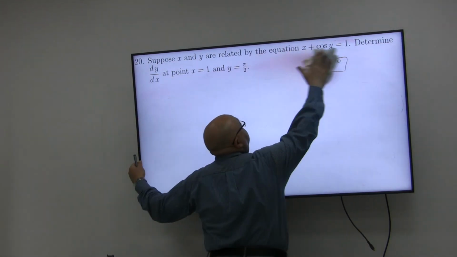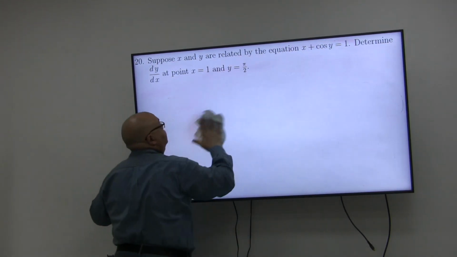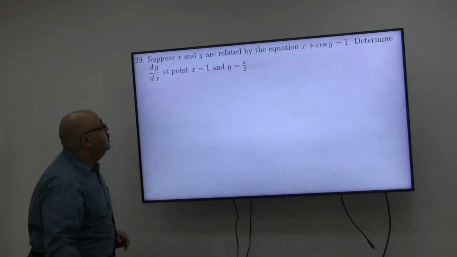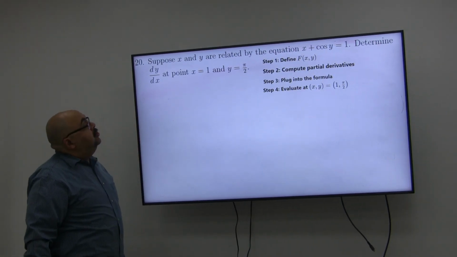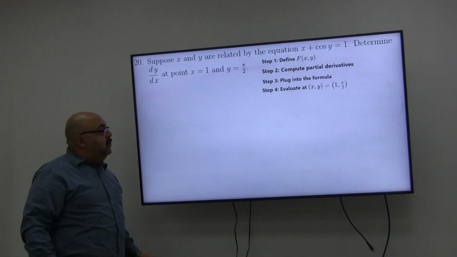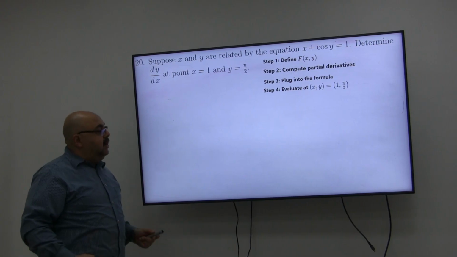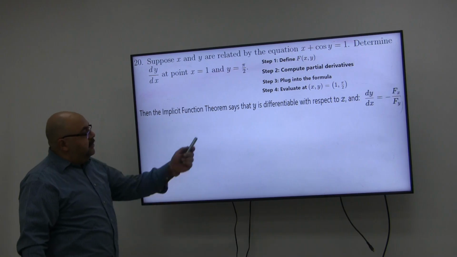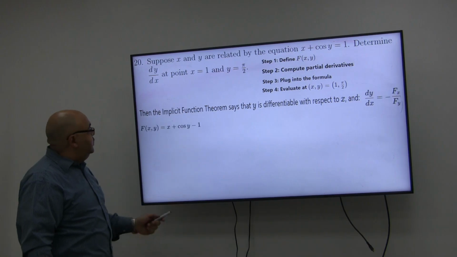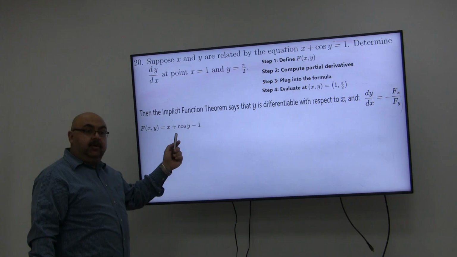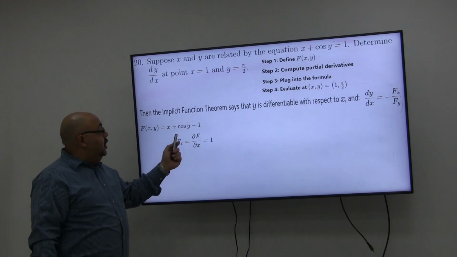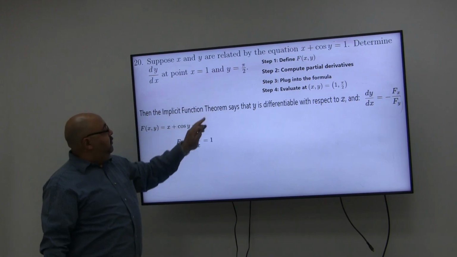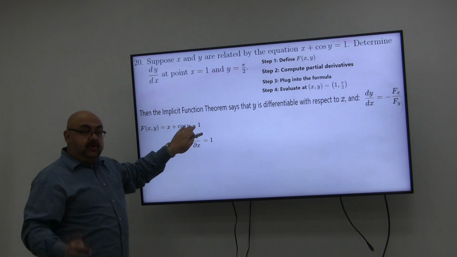Okay, once more. Those are the steps: define the function, compute partial derivatives, plug into the formula and substitute. The first thing, this is dy by dx, that's the relation that I'm going to use. That's the function equal to 0. If you substitute by the values 1 and pi over 2, it will be equal to 0, which is correct.